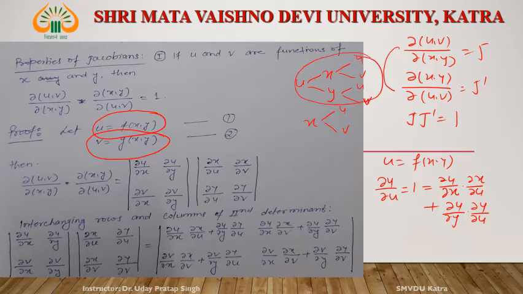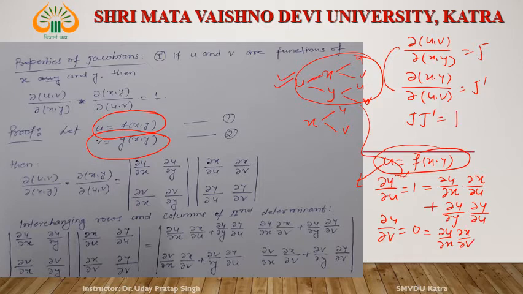See the diagram; with this diagram you can obtain this. Similarly, differentiating u with respect to v, what is ∂u/∂v? The derivative of u with respect to v is 0, since it is independent of v, and this is equal to ∂u/∂x into ∂x/∂v. See in this diagram, how many paths from u to v?